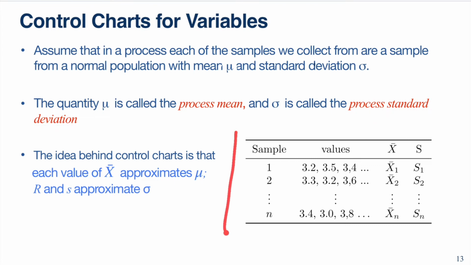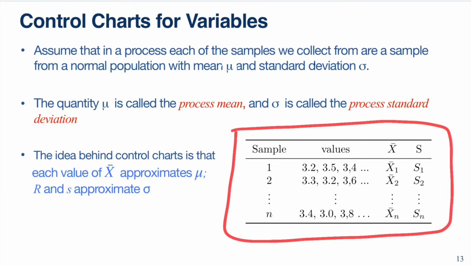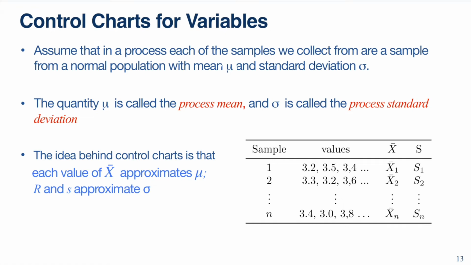Now let's have a look at this table in which I organize the different samples. So we are going to have a number of samples from 1 to n, and this number is about 20, 30. And each sample consists of monitoring from 3 to 5 units.